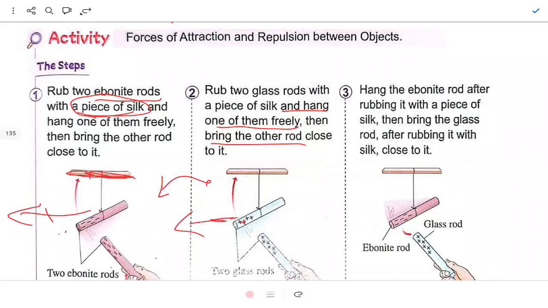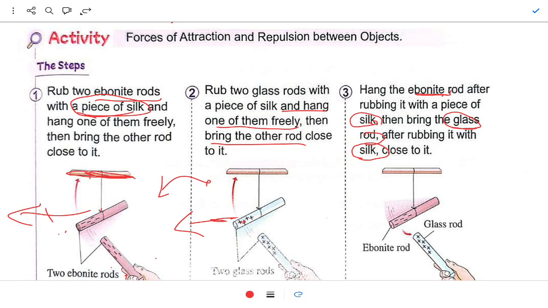The last case is that you hang the ebonite rod after rubbing it with a piece of silk. Then bring the glass rod, not ebonite, glass rod, after rubbing it with a piece of silk. So you have an ebonite rod and a glass rod, and you have rubbed them with a piece of silk.